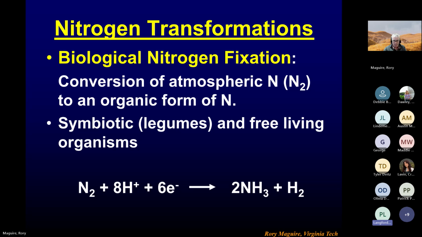They have these root nodules that are able to do this transformation. So we have our atmospheric nitrogen here, and with hydrogen ions and electrons, that will turn into ammonia and hydrogen. Next slide, please.